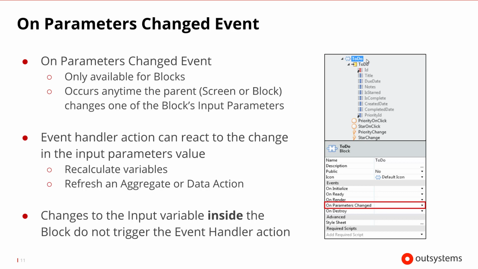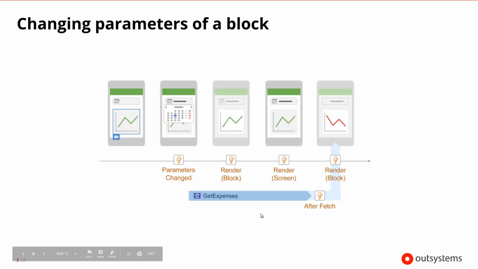So again, going back to our to-do example, the to-do has this entity that is the input structure, and if that were to change, then we could go ahead and use an action. And sometimes that action might do something like recalculate variables, refresh the data so that we have the latest data given the fact that something here may have changed. So this gives us the ability to know what's happening inside the block, and we can go ahead and react as needed. So let's look at an example.